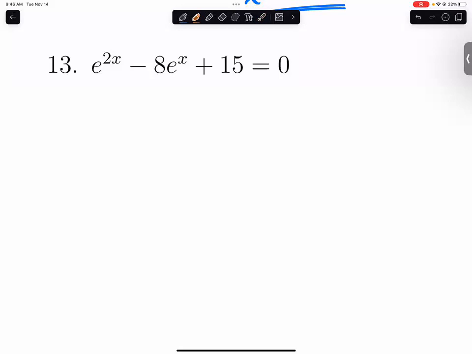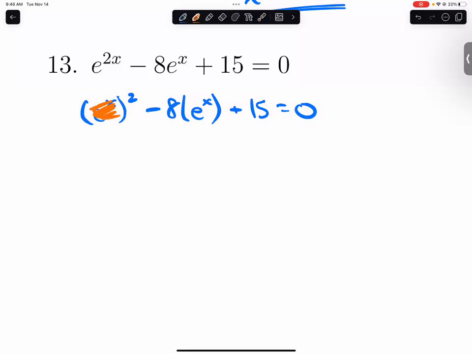But e to the 2x minus 8e to the x plus 15. If I wanted to, I could write that as e to the x squared. It's shaped just like a quadratic, only instead of being in terms of x, it's in terms of, well, orange blobby thing at the moment, or e to the x ultimately, right?